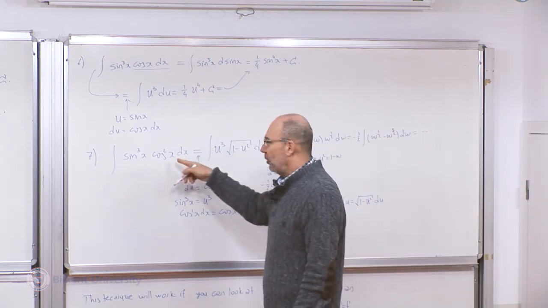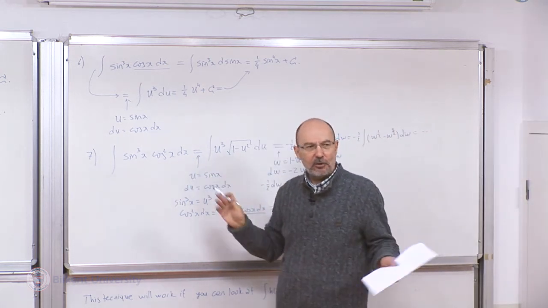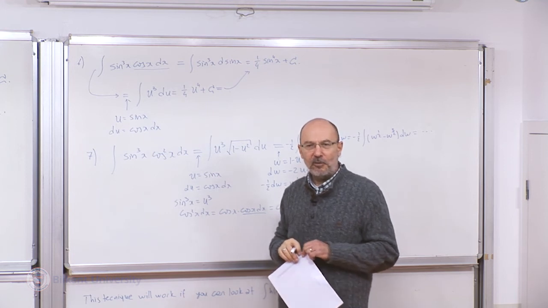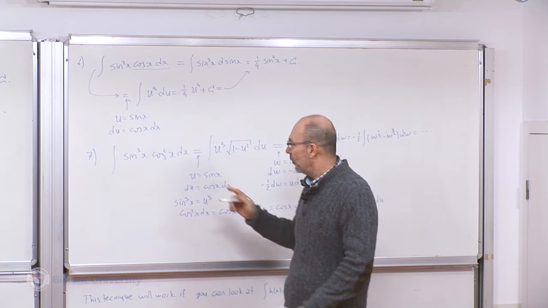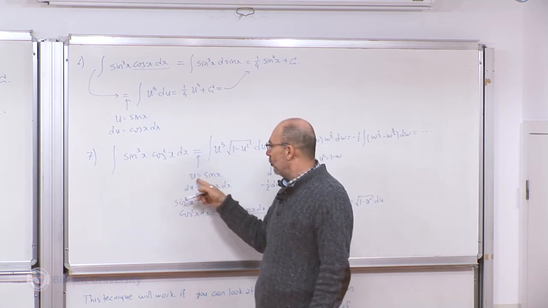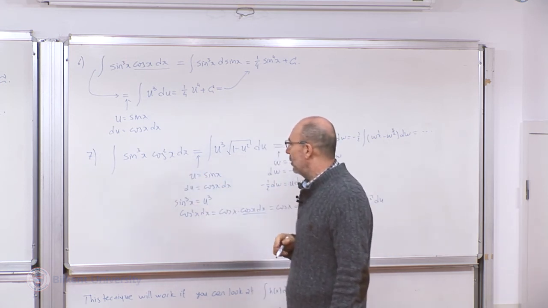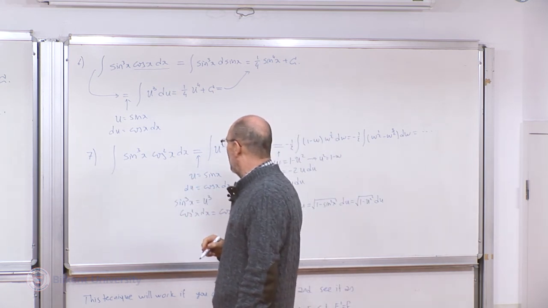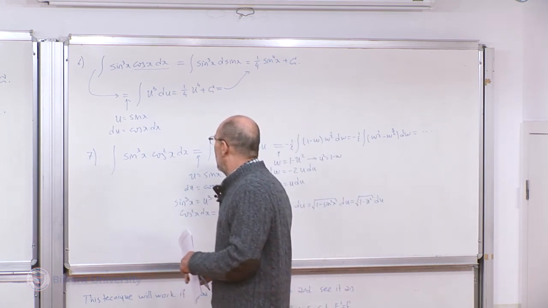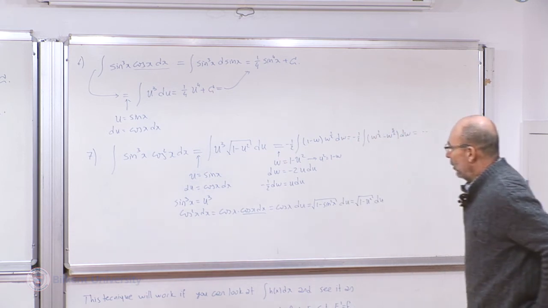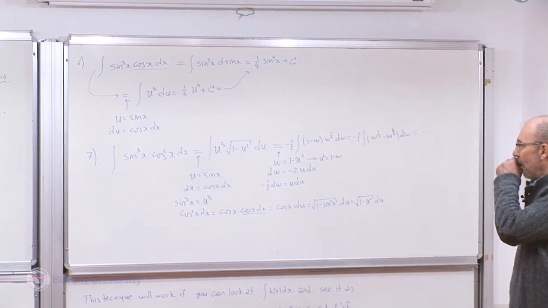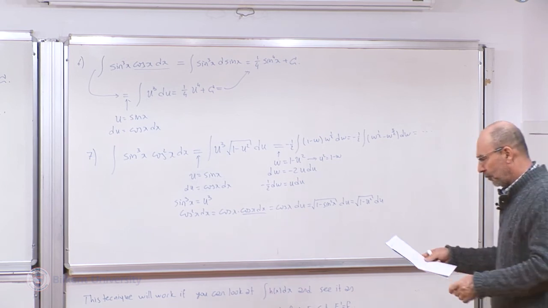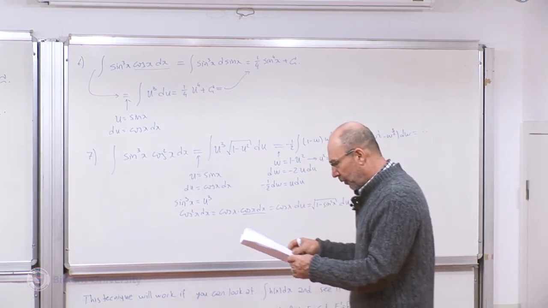Now we go back to this. Now we are psychologically free. We know that the problem can be solved. Can we do it in an easier way? Okay, so trying u equals sine x wasn't nice, so maybe I should try something else.